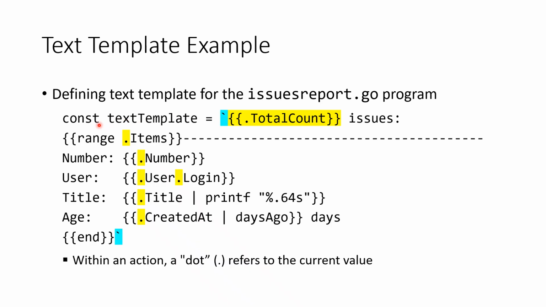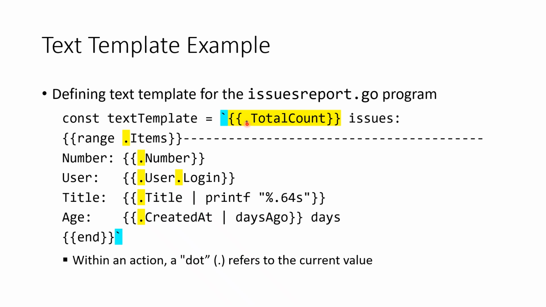We declare a constant text template to store this string value. The reason this string is a text template is because it contains actions, which are substrings started with double open braces and ended with double close braces.